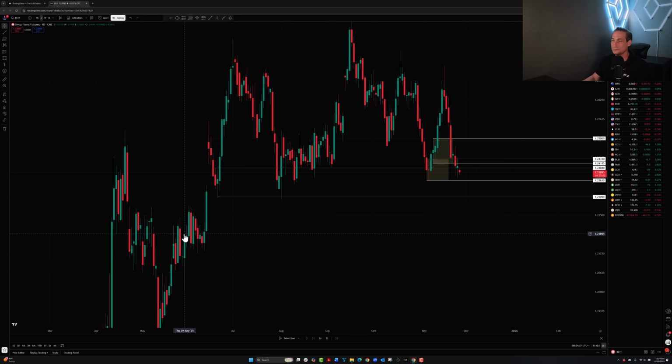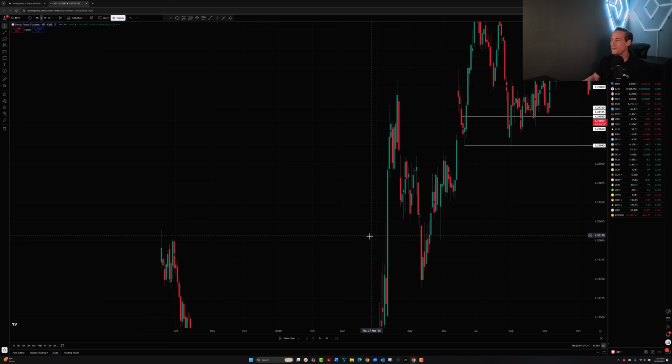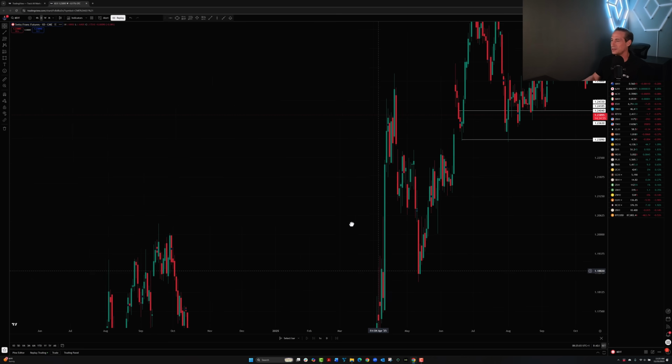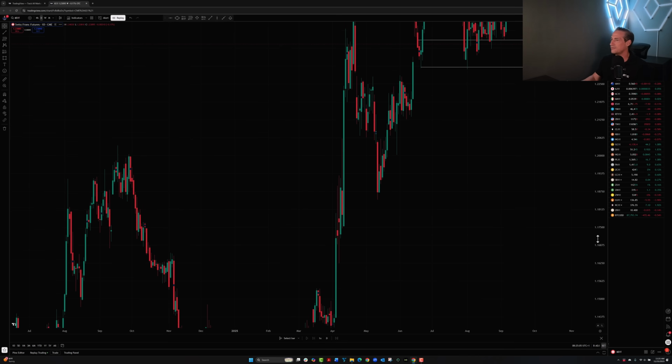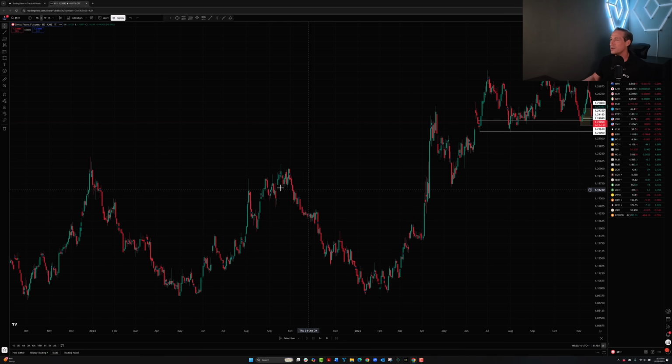Now, if I want to look at flip zones, you see here a very strong rally-based rally. And the flip zone, you see, you had here an opposing zone where you had a rally-base-drop.